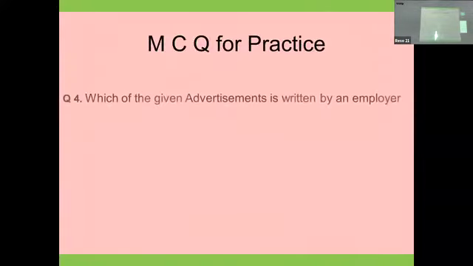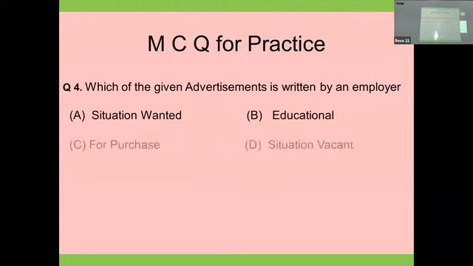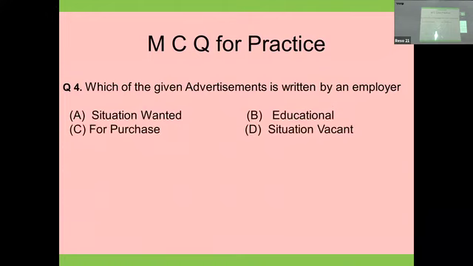It's a public announcement. Which of the given advertisements is written by an employer? Situation wanted, educational, for purchase or situation vacant. I have not said anything, it is written in front of you. Read the question carefully.